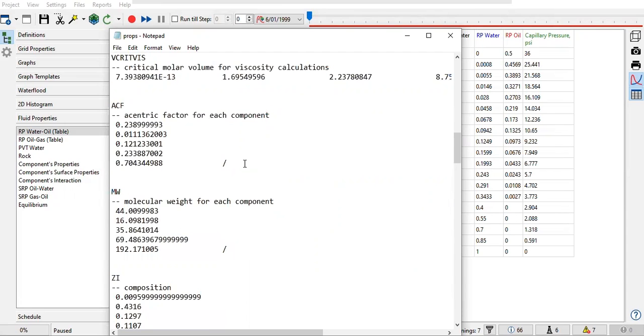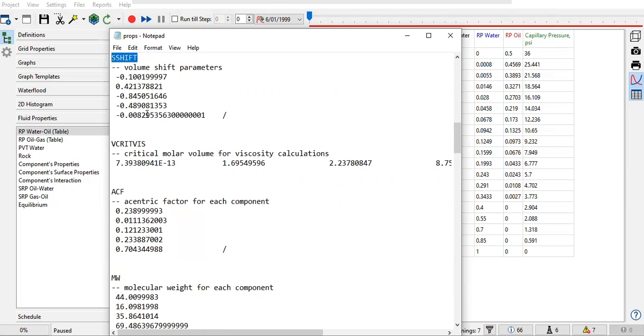use it as the properties file and then include it in your model in your simulation and make sure that your working limit or working condition is actually relevant to what we have here.